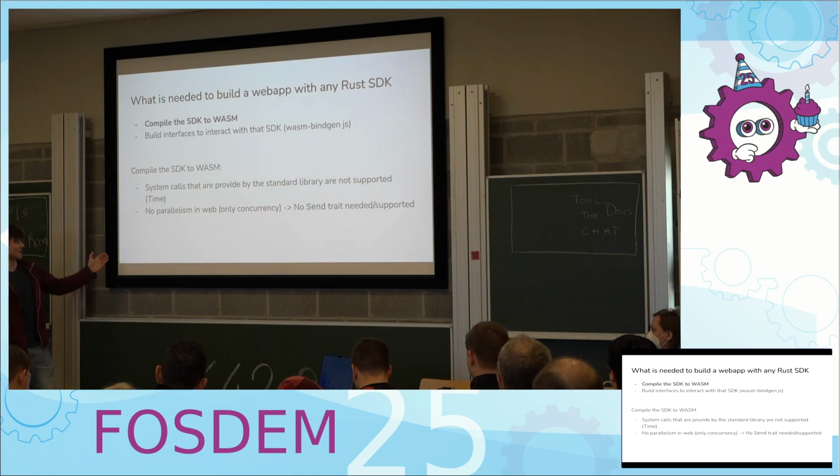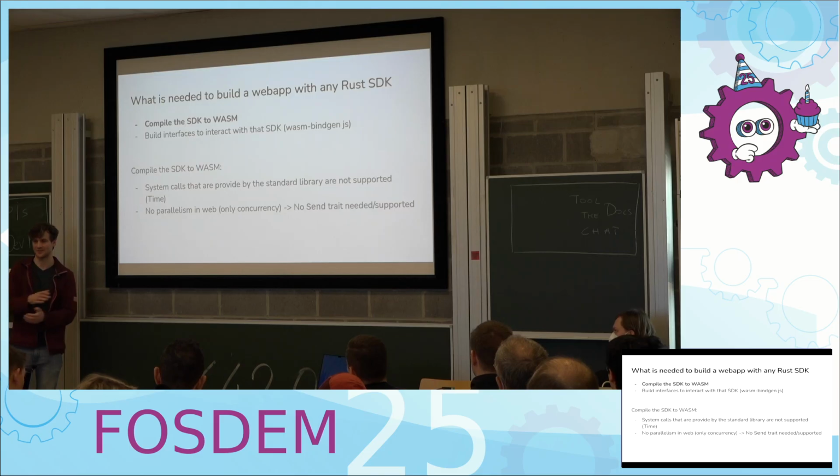And then the web also doesn't have any parallelism. It's concurrent, but you don't have multiple threads except with web workers. And since Rust, and the Rust SDK as well, is built around actual parallelism, and there are lots of Send traits and Sync traits, this should all be trivial in WebAssembly because you don't have this problem if you don't have parallelism.